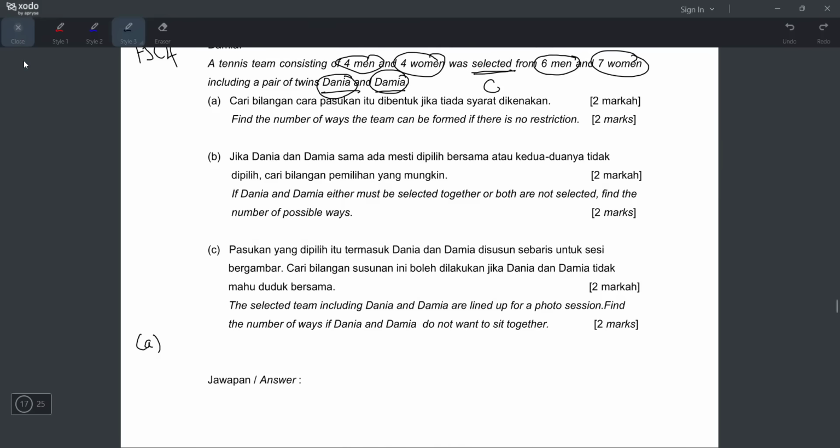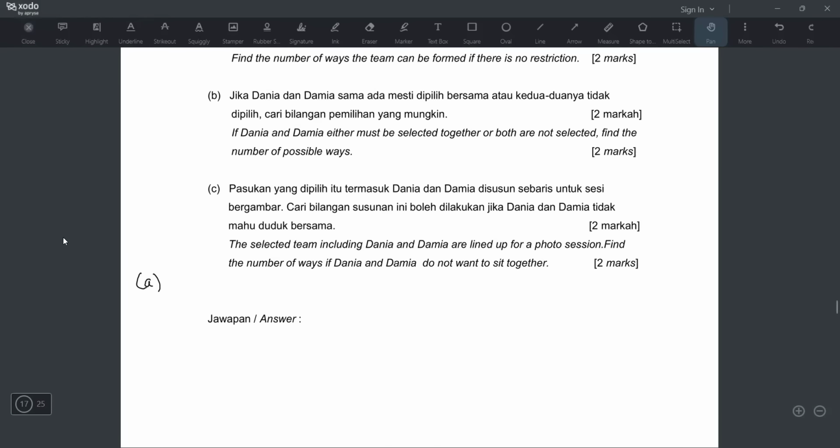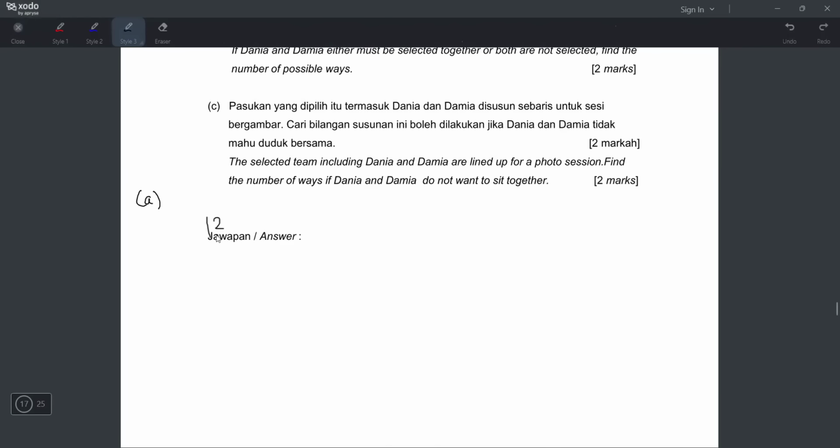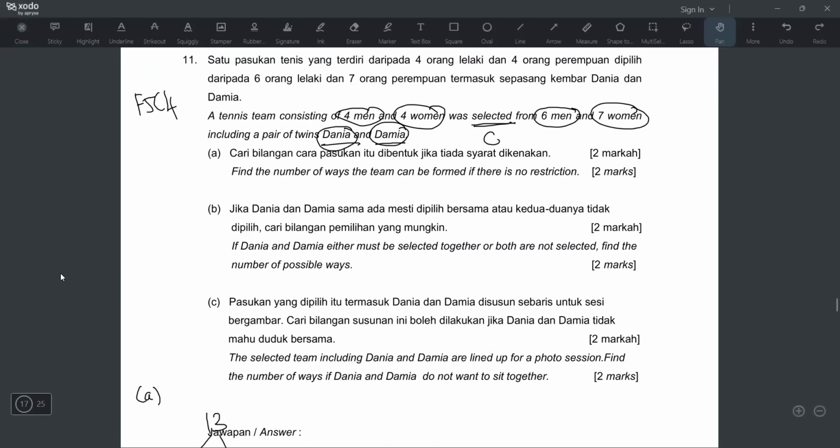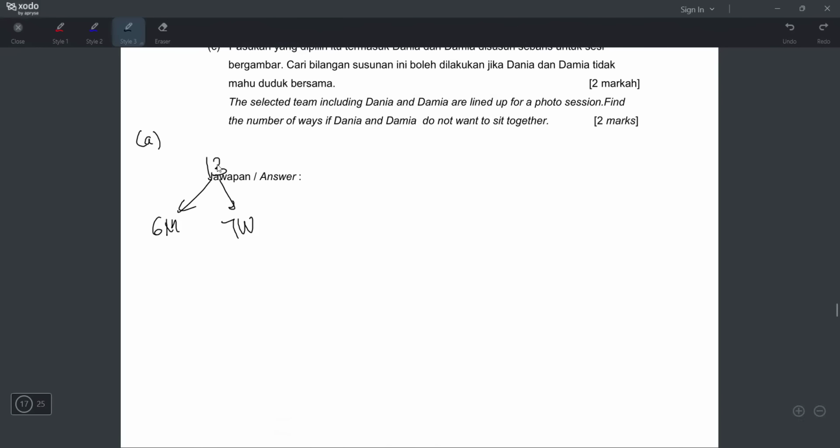Okay, so what I will do is I will write down the options we have: 6 men, 7 women. So in total we have 13. Okay, because 6 men plus 7 women, right? But we are only trying to form 8 members, 4 men, 4 women. That means I have to choose 4 from here and then choose 4 from here. And then the total member in the team is 8 lah.